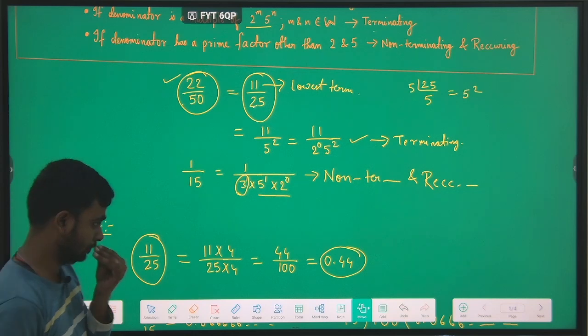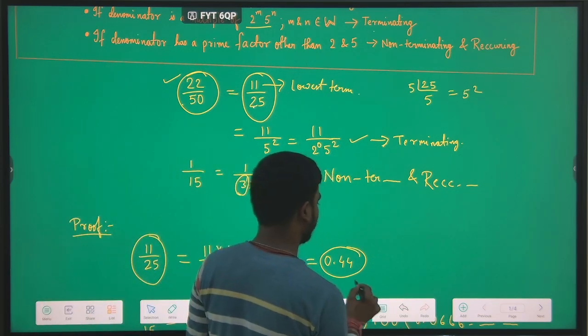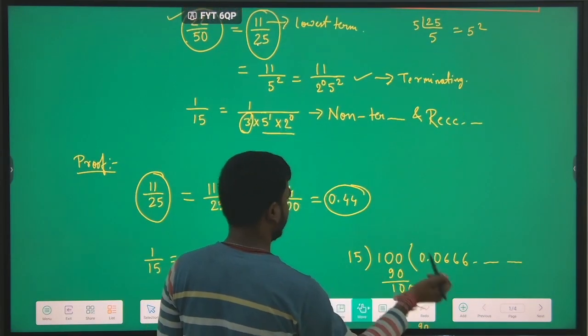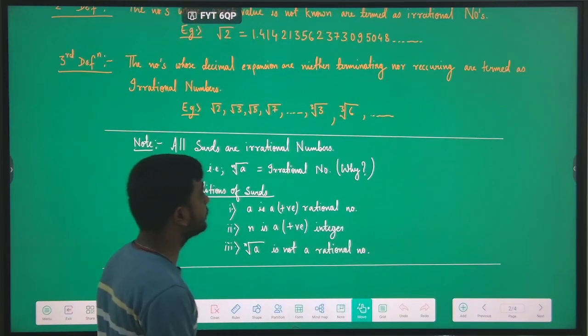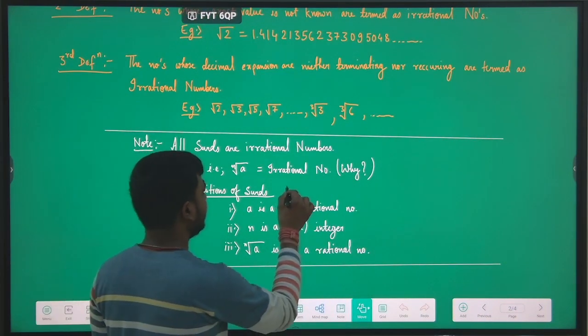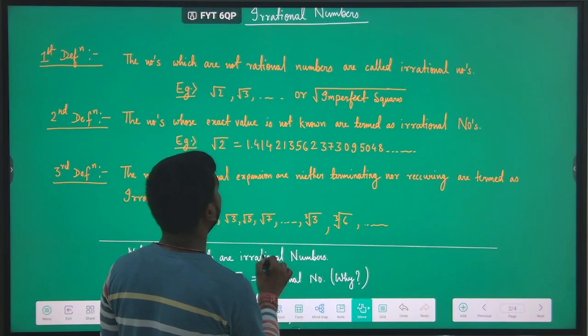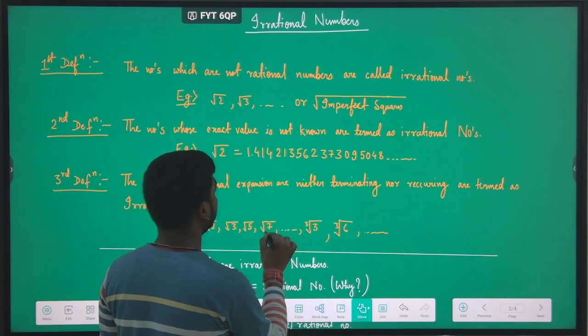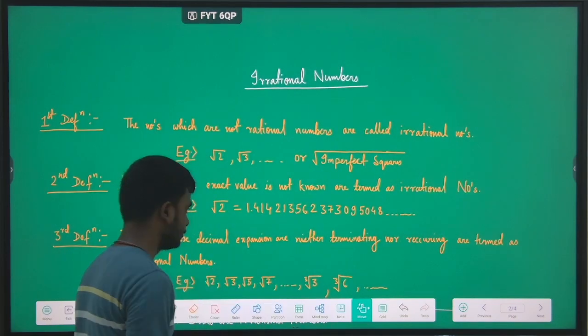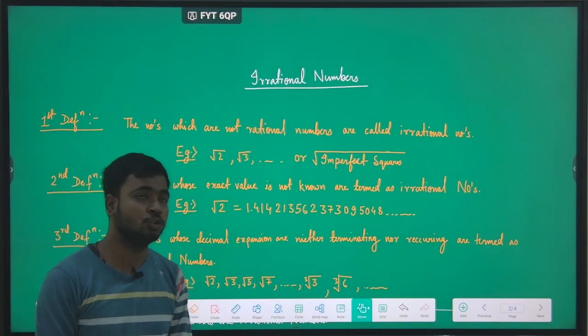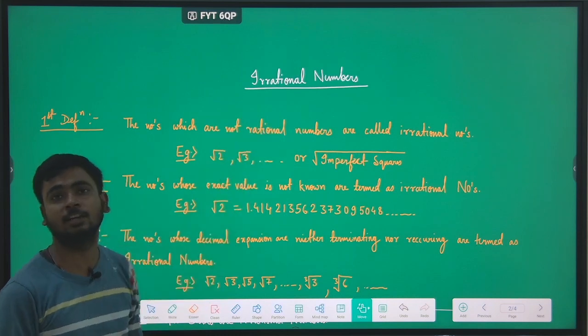Now moving to our next part. What is our next part? Our next part is the definition of irrational numbers. So what do we mean by irrational numbers?